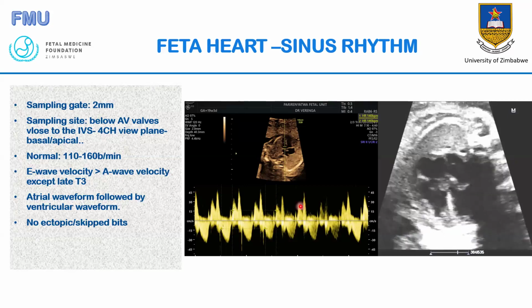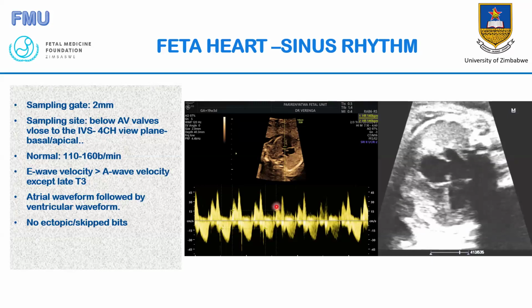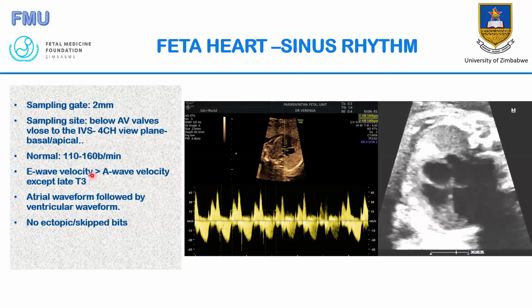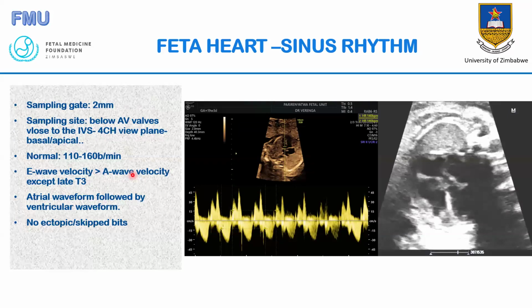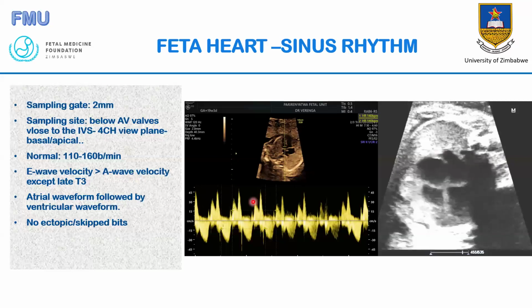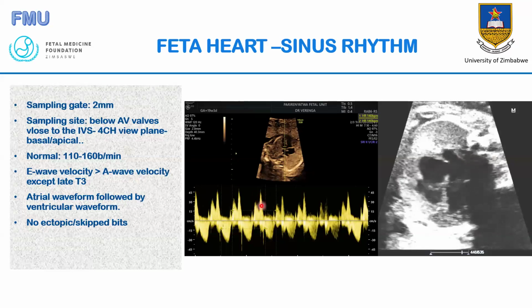So the first contraction, or this first waveform, is called the E wave. That's the E wave. Then the A is active, which is the A wave, meaning active contraction, so that you remember it. So the E and the A wave. The E in the uterus should always be smaller than the A wave.